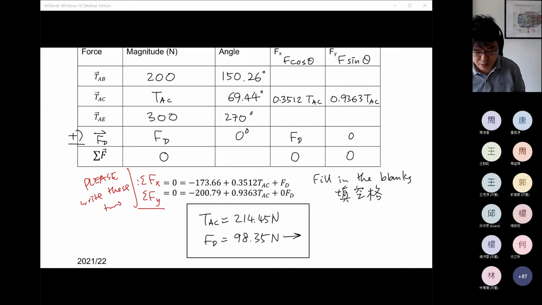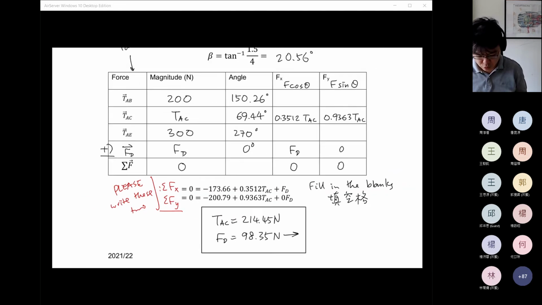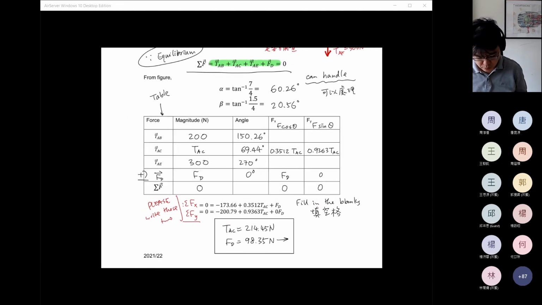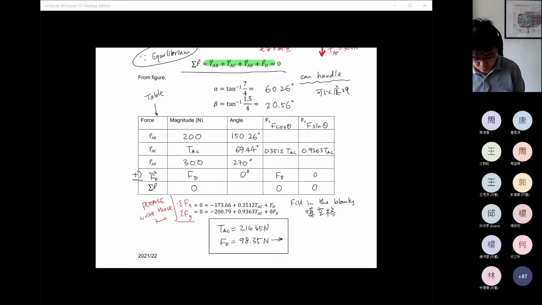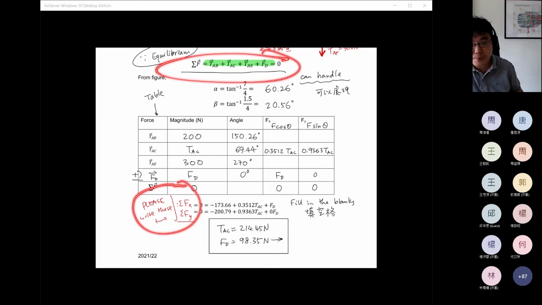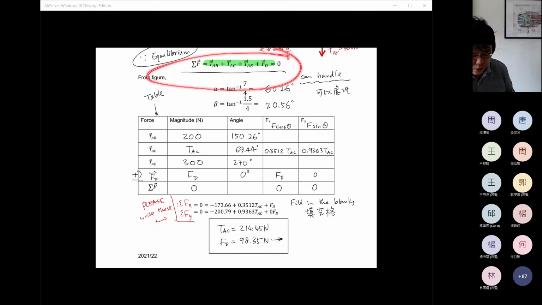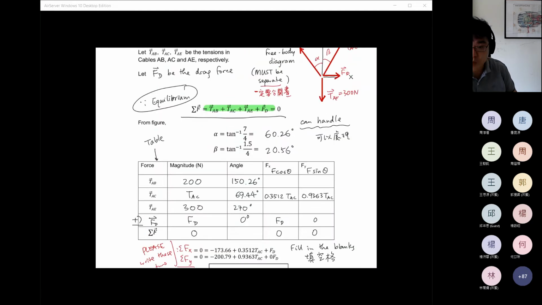The key point is that you please, 1, draw the free body diagram, and 2, write things clearly. I mean this one and this one. Is that okay? If you know the key points, please raise your hand.